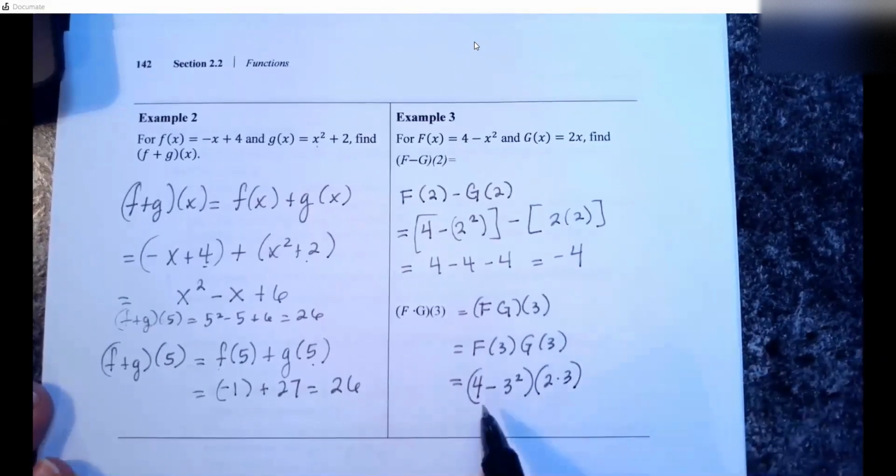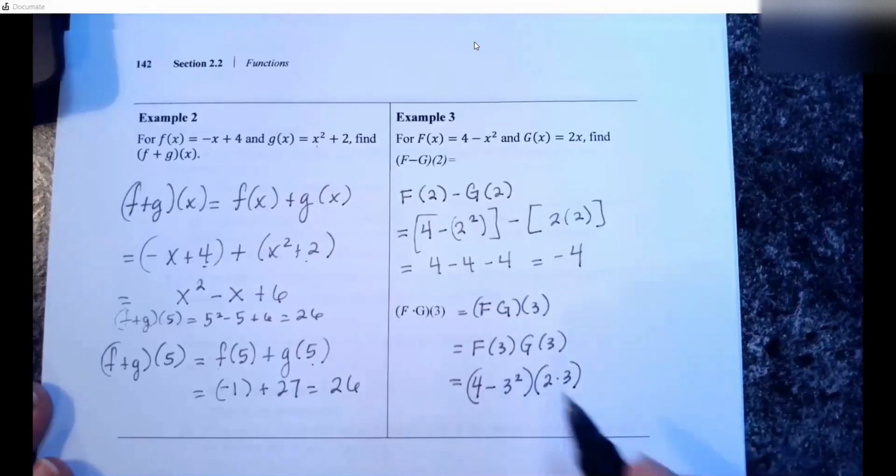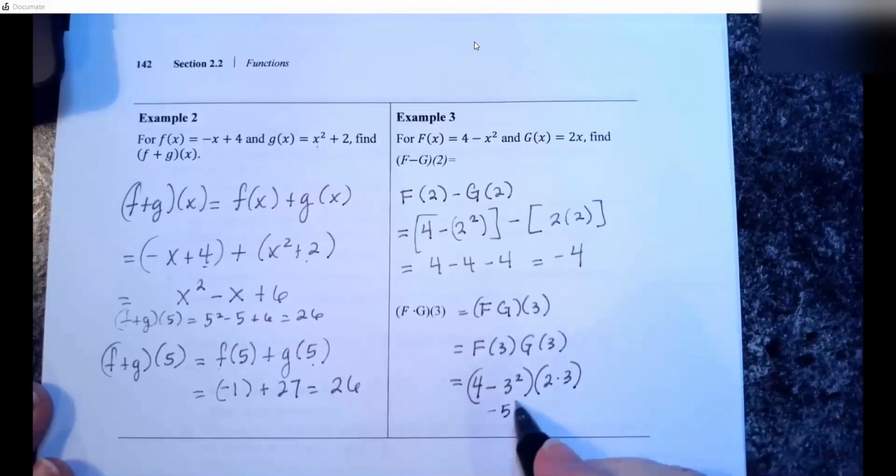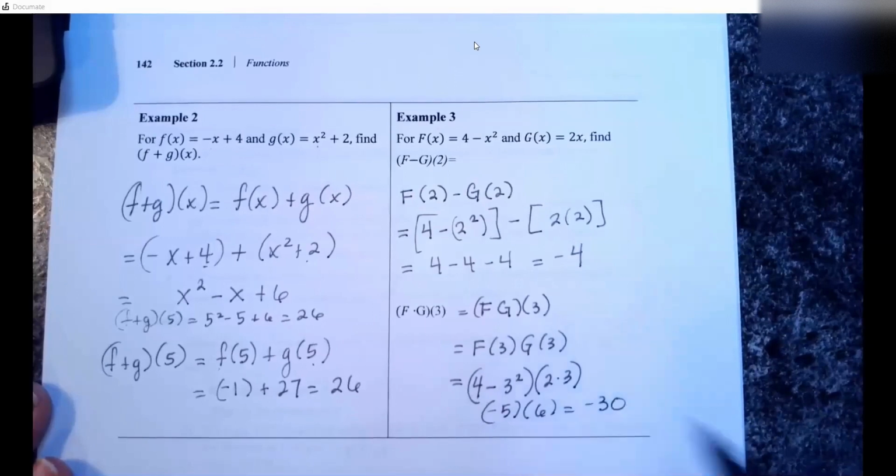So remember, we have to do the correct order of operations. So I'm going to simplify within this set of parentheses and then multiply in this set. So we have 4 minus 9 is -5 times 6. Looks like it would be -30 in that case.